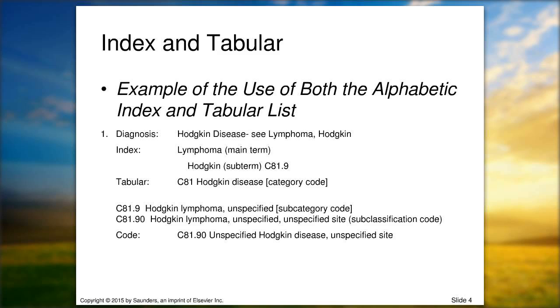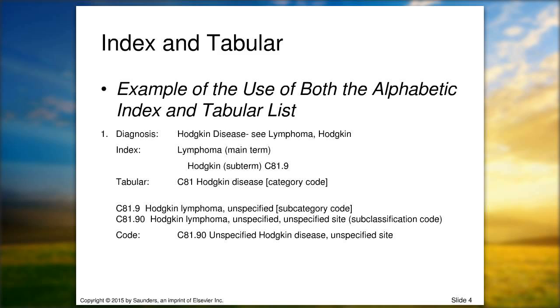So what I want to direct your attention to here is that C81.9 is a subcategory. C81 is the category code. So if we turn back to page 183 in our ICD-10 book, you will notice C81, right-hand column, about the middle of the page. C81 falls underneath the category of malignant neoplasms of lymphoid, hematopoietic, and related tissue.